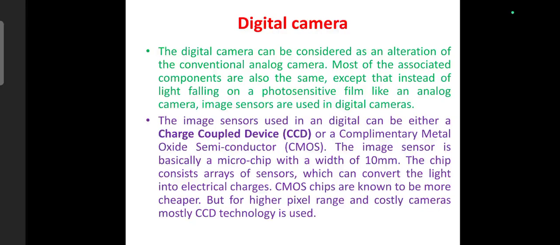Now let us compare CCD and CMOS sensors. A CCD sensor generally produces excellent image quality with lower image noise and better color accuracy. Because of its superior image quality, CCD technology has traditionally been used in professional and high-end cameras. However, CCD sensors are comparatively expensive and consume more electrical power.